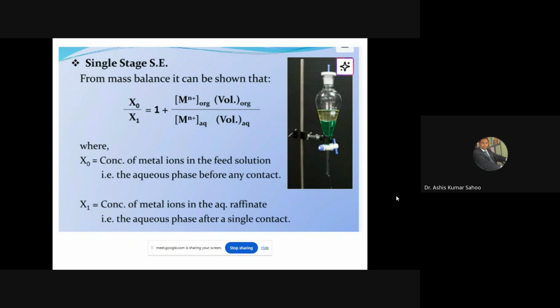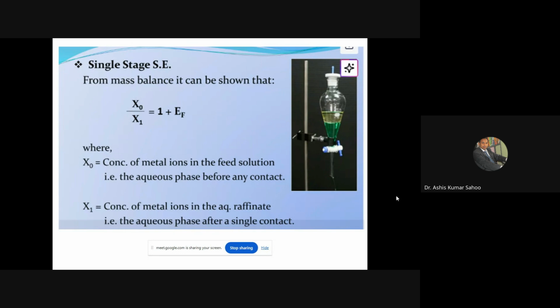X1 is the concentration of metal ion in the aqueous phase. From mass balance it can be shown that X0 by X1 is equal to 1 plus the distribution ratio.